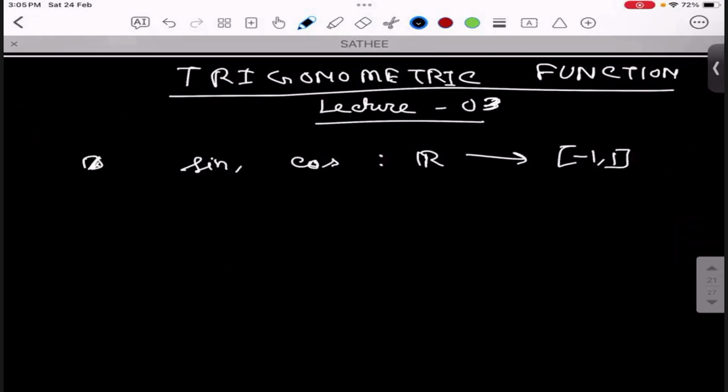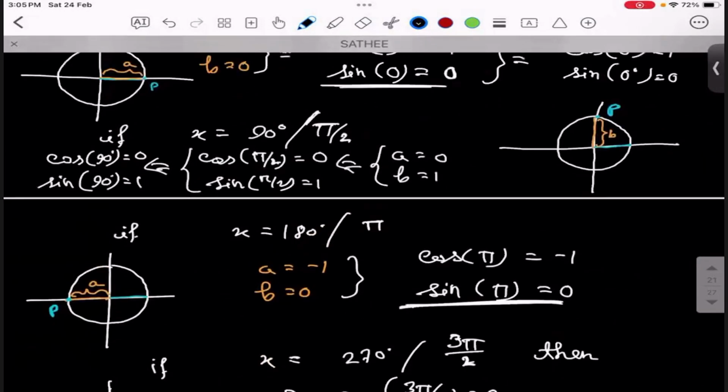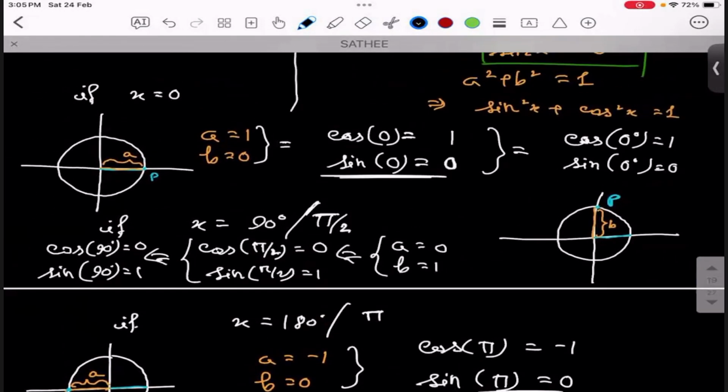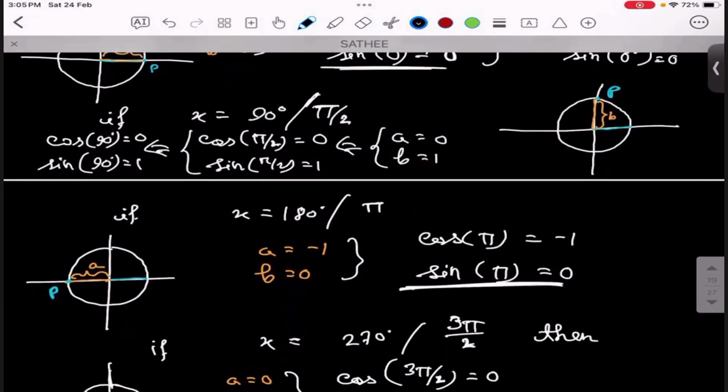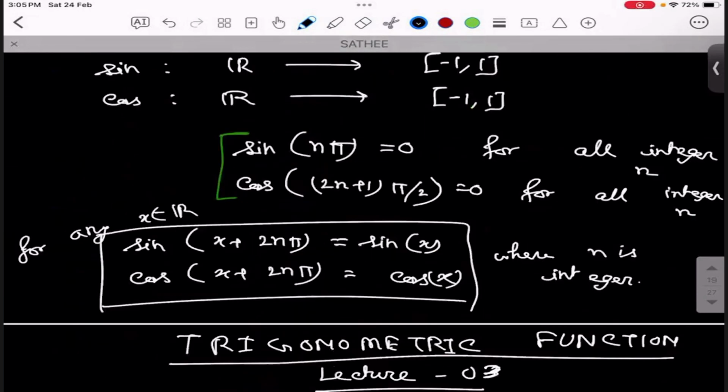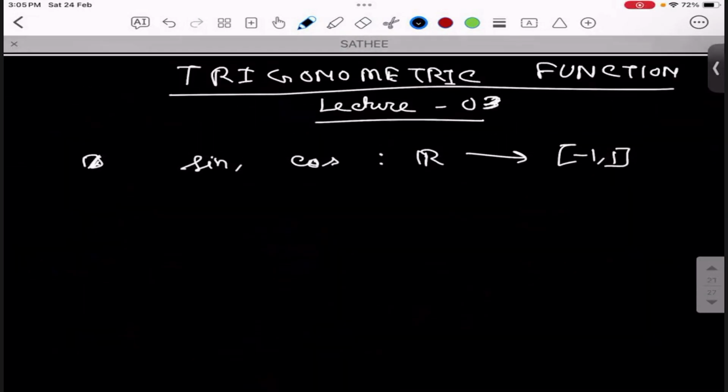Okay, now in the last class we also discussed the values of sin 0, cos 0, sin pi by 2, cos pi by 2, and all those things. Now let us discuss another thing, which is sin pi by 4. Okay, let's draw.